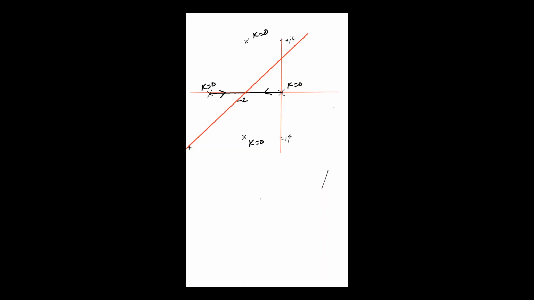Let us suppose this is our asymptote. One branch will go downwards, another branch will go upward.